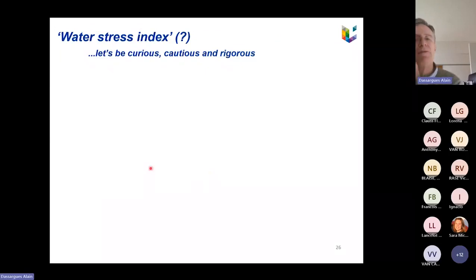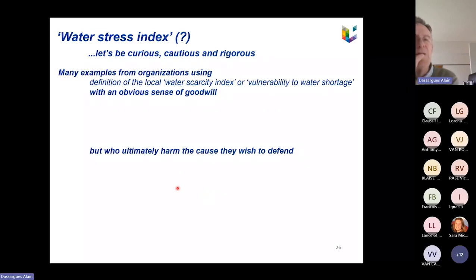Beside that, and I will finish my talk with those aspects. There are a lot of water stress indexes that are, let's say, explained in the media. In fact, they are not so explained, but what the media explain to you is Belgium is very vulnerable for water, and what happens, and so on and so on. So let's be curious and cautious and rigorous about those indicators, simplified indicators.